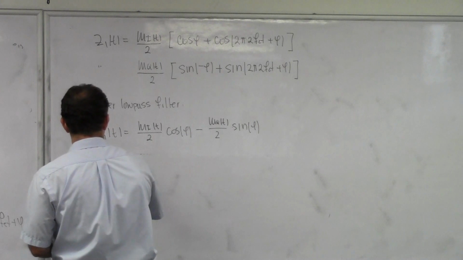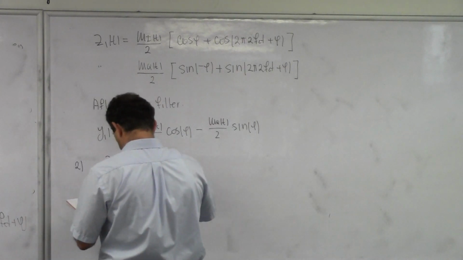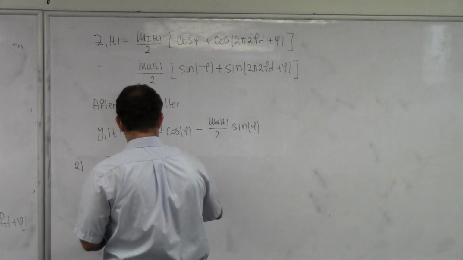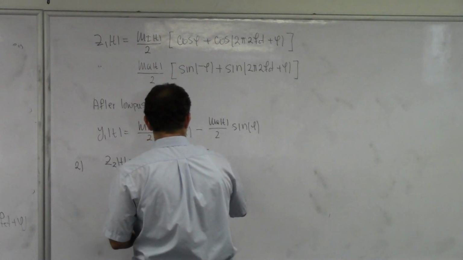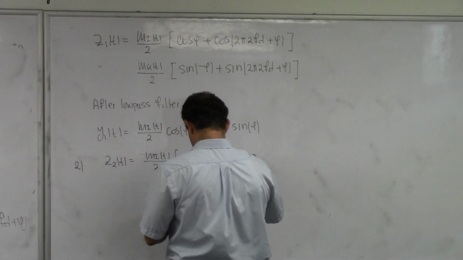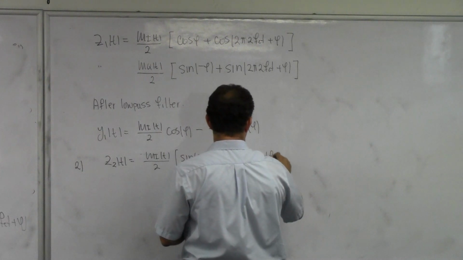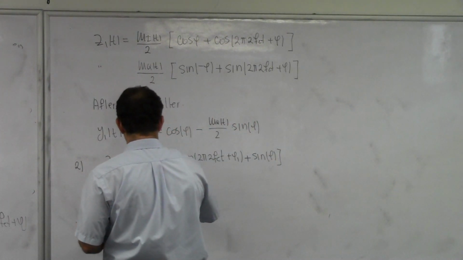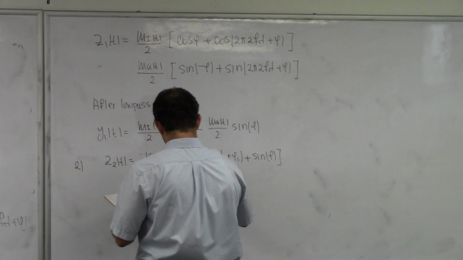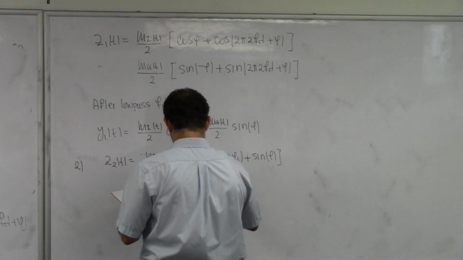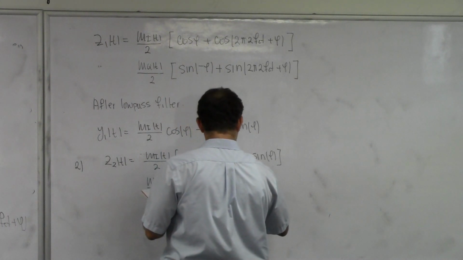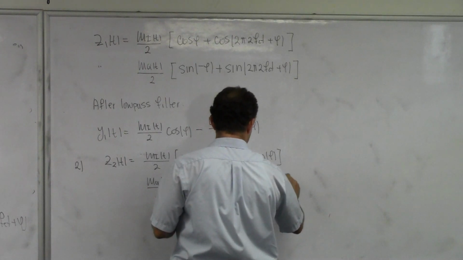Z2 of t is going to be mi of t over 2 multiplying sine 2 pi 2 fct plus phi plus sine of phi, and then nq of t divided by 2, which will have minus cosine 2 pi 2 fct plus phi, and then plus cosine of phi.